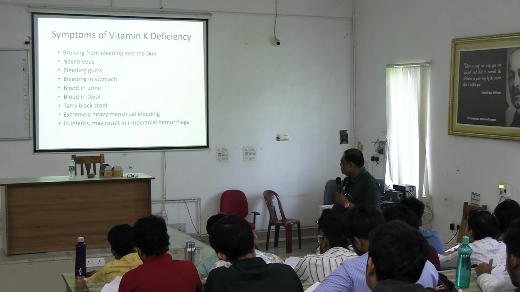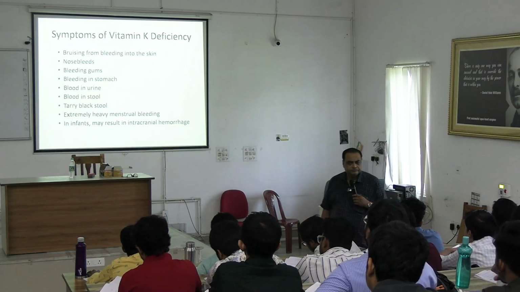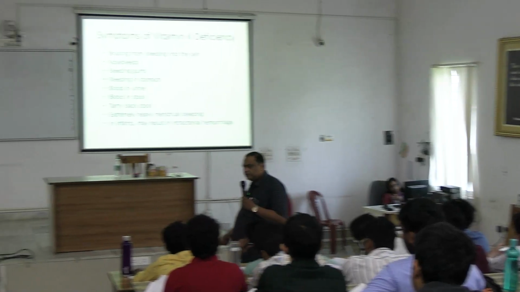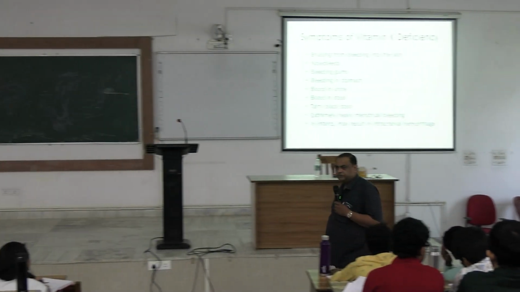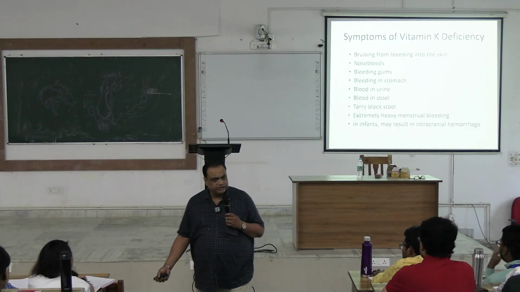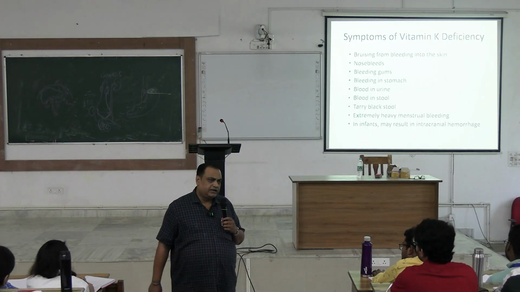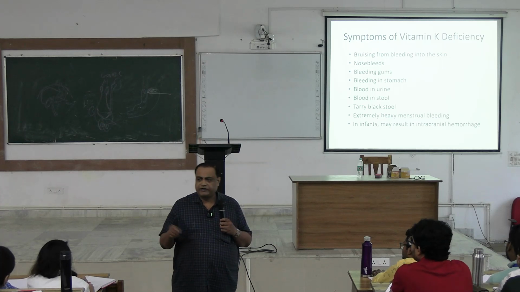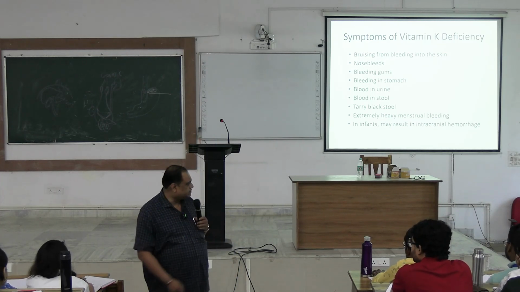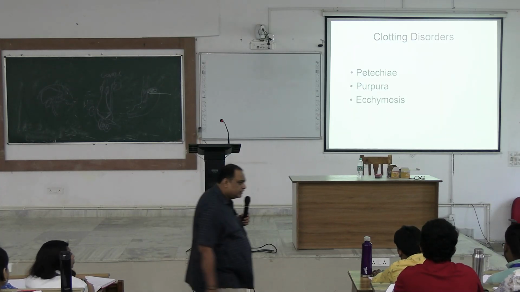Infants may show intracranial hemorrhage, because wherever blood vessels are there is a possibility of rupture due to increased pressure, BP. If vitamin K is deficient, the rupture will not be repaired fast, so bleeding will continue. That's called hemorrhage.